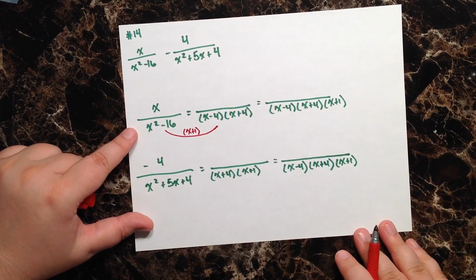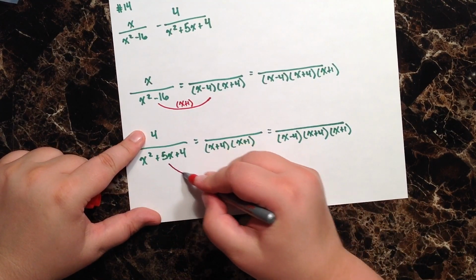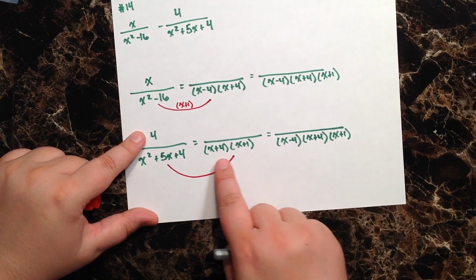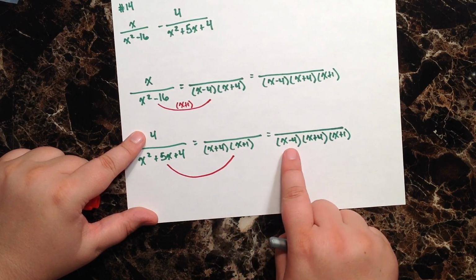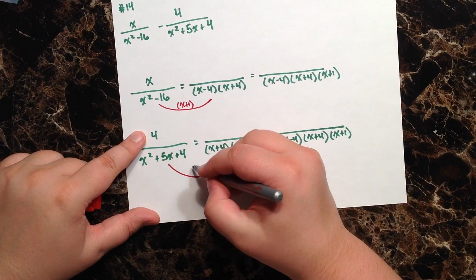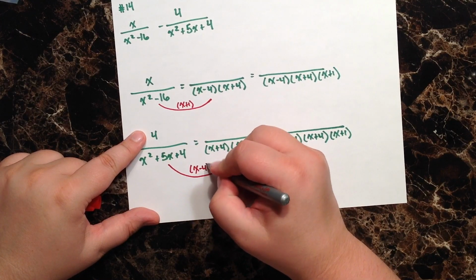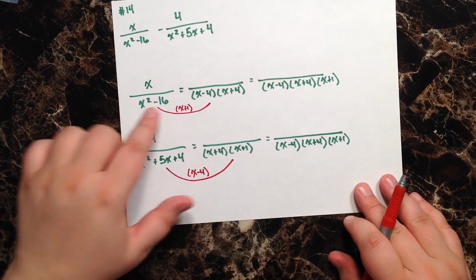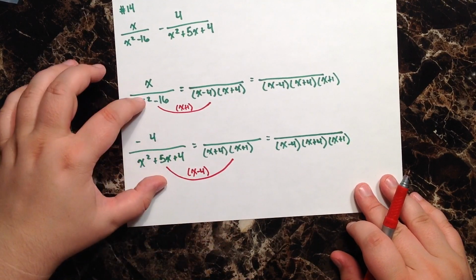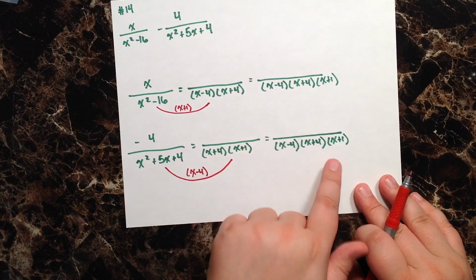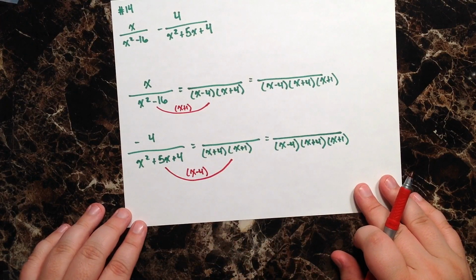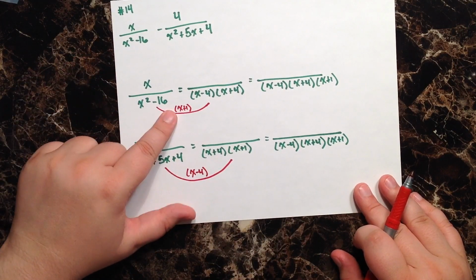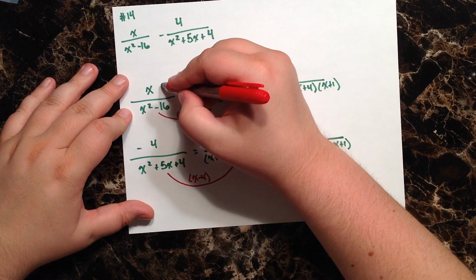In the bottom fraction, I had an x plus 4 and an x plus 1 but no x minus 4, so I need to multiply the denominator of the second fraction by an x minus 4. We multiply the denominators by whatever factor was missing, and whatever we do to the bottom, we also have to do to the top.